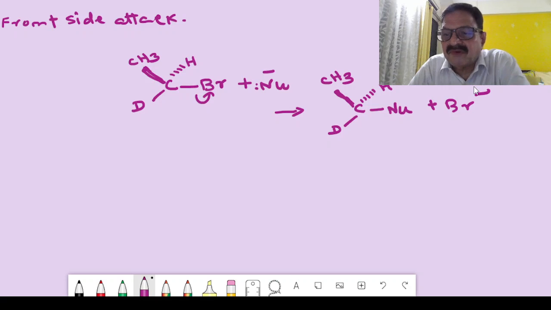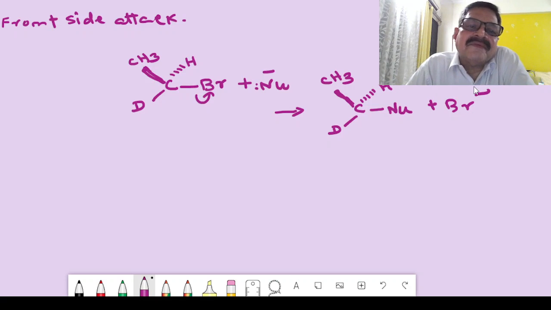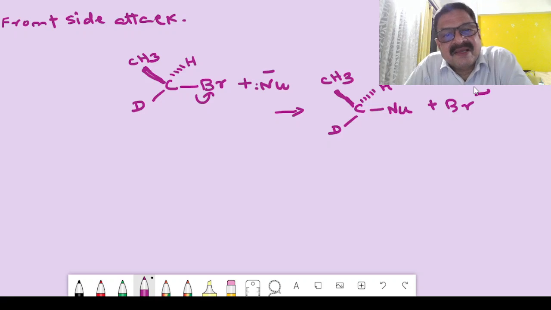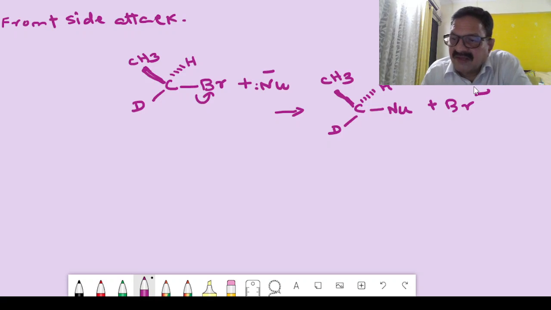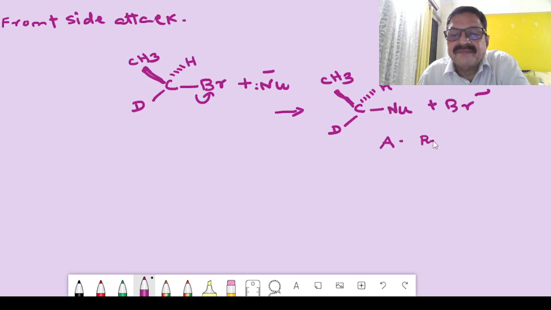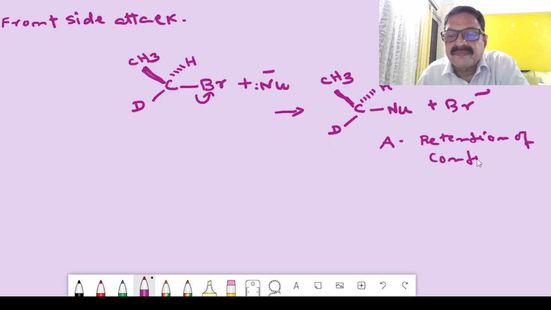This is one possibility, the front side attack by the nucleophile on a stereogenic center. The leaving group is attached to a stereogenic center, an asymmetric carbon. Now what happens here? So this is, say, configuration A. This configuration is retained. It is known as retention of configuration.